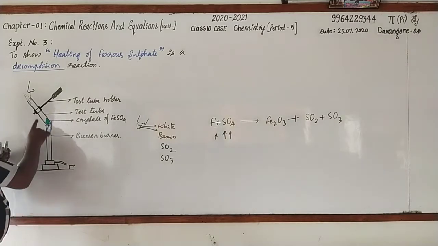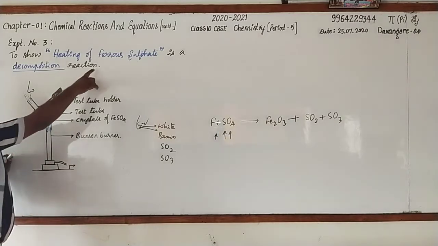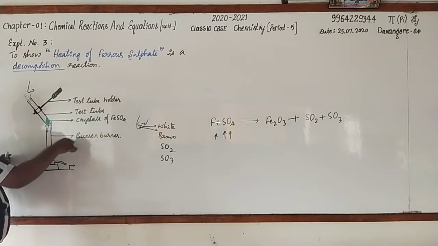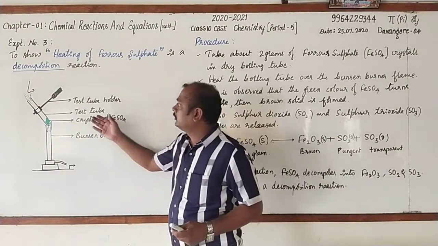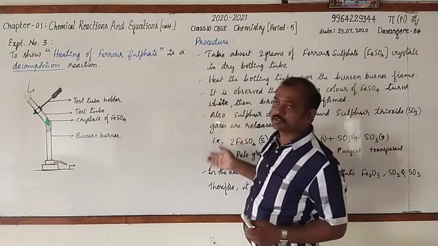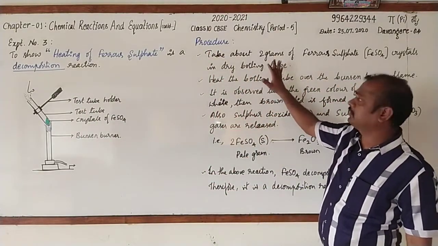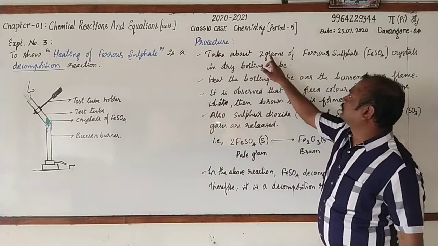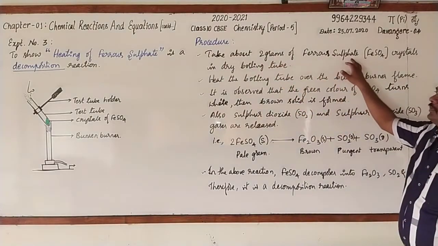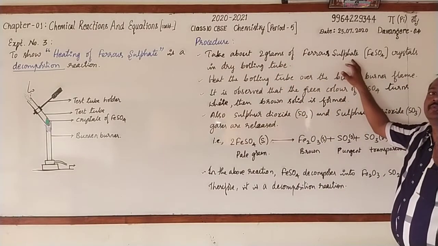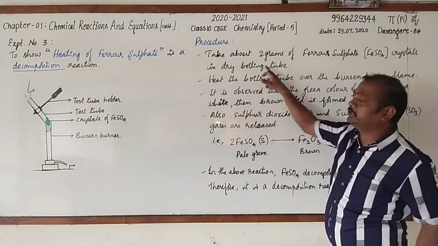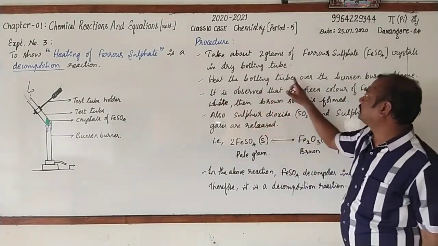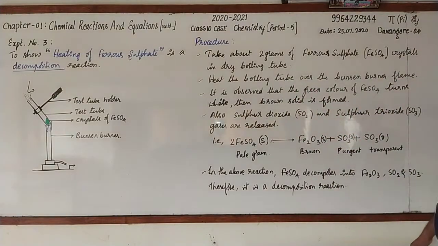Followed? Yes. Please complete this, and after that go for drawing also. Now you can move on to the procedure. Observe. Very simple way. Take about 2 grams of ferrous sulfate crystals in a dry boiling tube, and heat the boiling tube in the Bunsen burner flame.